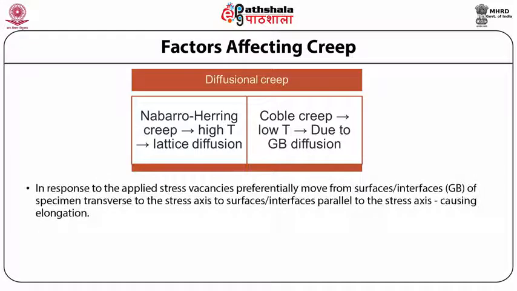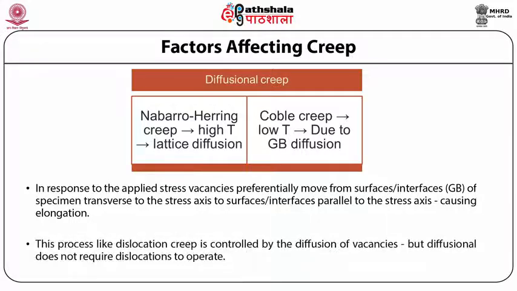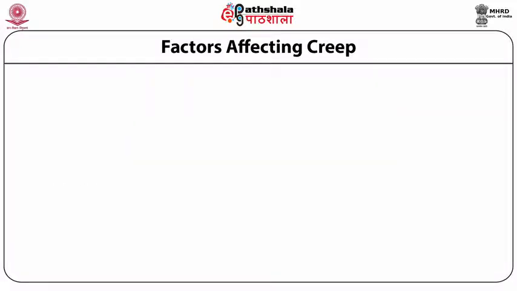In response to the applied stress, vacancies preferentially move from surfaces or interfaces, that is the grain boundaries of the specimen, transverse to the stress axis, to surfaces or interfaces parallel to the stress axis, which causes elongation. This process, like dislocation creep, is controlled by the diffusion of vacancies, but diffusional creep does not require dislocations to operate. The figure here shows the flow of vacancies.